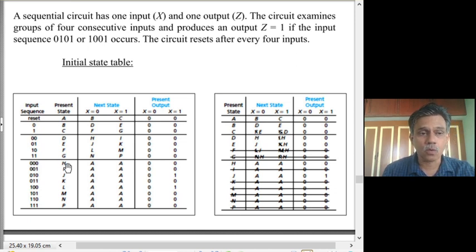All rows which have a similar label as that of H should be equivalent to H. For example, J is not equivalent because for 0 and 1 it produces different output as compared to H. Whereas if you look at K, it produces a very similar output to that of H. So which means that H and I are equivalent, H and K are also equivalent, which means I and K are also equivalent. So equivalence is a transitive relationship.